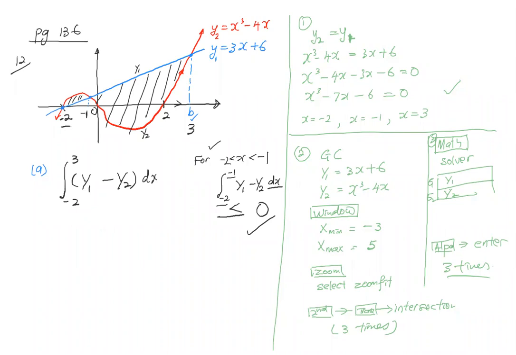So if I take y1 minus y2, will I get a positive or a negative value? Negative. So that means if I do a straight integral from -2 to 3, whatever value I get will be a negative value plus a positive value.